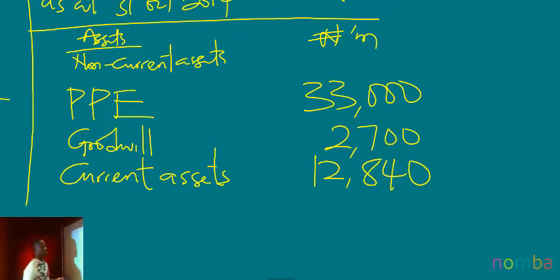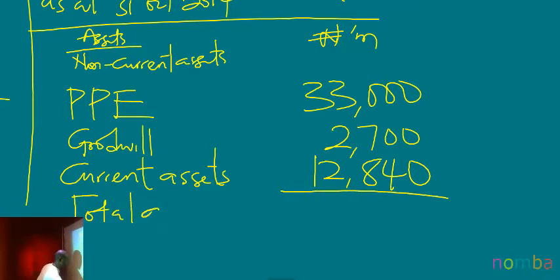12,840. If you add these three together, what will be my total assets? That will be 33,000 plus 2,700 plus 12,840, and that gives me 48,540.